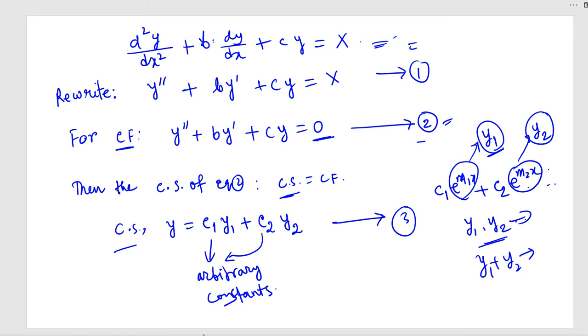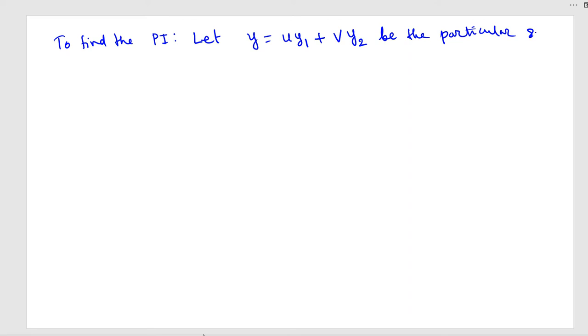So now we have to find out the PI. Let y equals to u y1 plus v y2 be a particular solution, where u and v are unknown parameters.